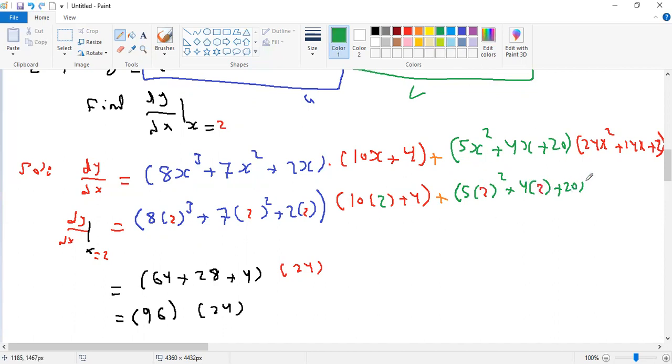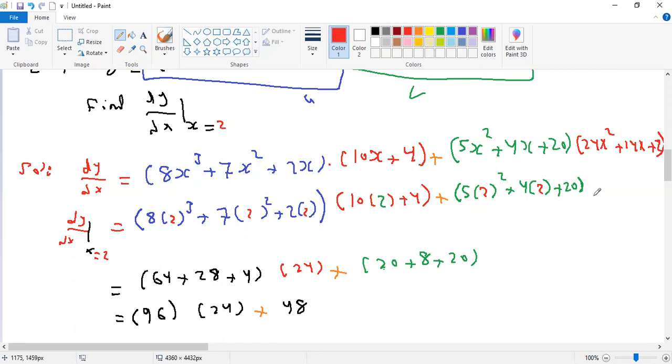What's the answer? 2 squared is 4, 4 by 5 is 20. So I have here 20, plus 8, plus the last one is 20. So it is 48. So this one is 48.